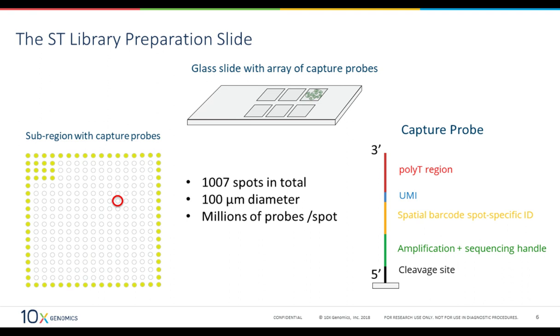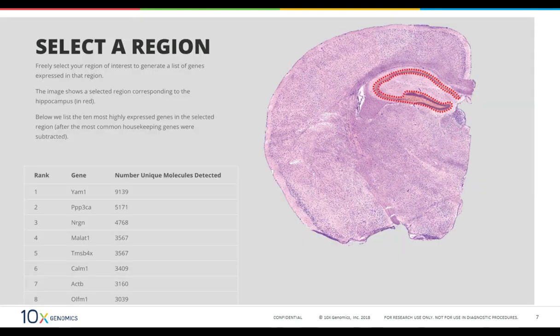From there we can amplify that and make a library. What's important is that when we do the first strand cDNA synthesis, we incorporate the spatial barcode into the cDNA, and that ultimately allows us to deconvolute the data back to each one of those subarrays on the slide.